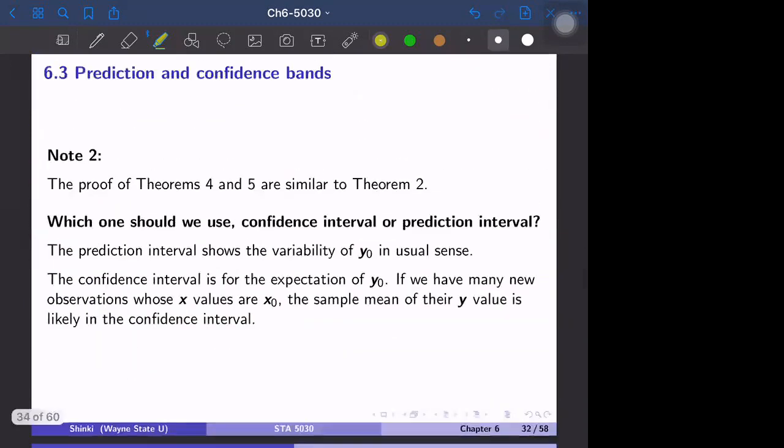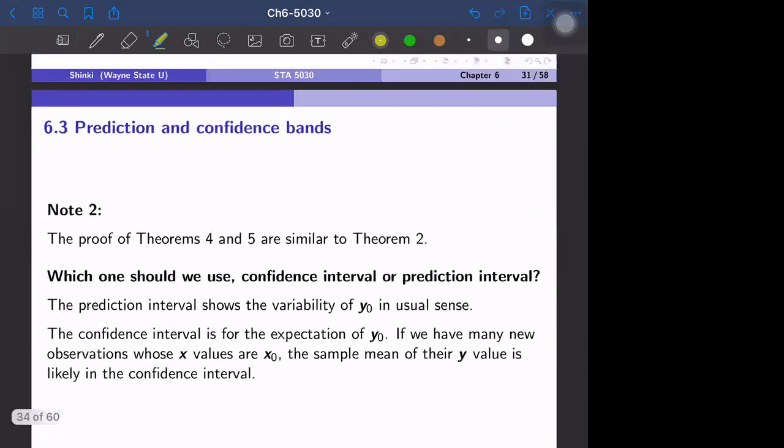One note: which one should we use, the confidence interval or the prediction interval? We have two similar things. The prediction interval shows the variability of y0 in the usual sense as an observation, so we can see how much variability the new observation has and predict that. The confidence interval is for the expectation of y0.